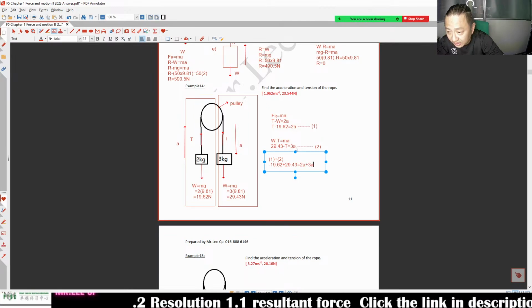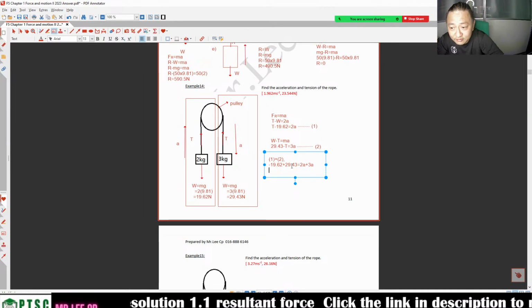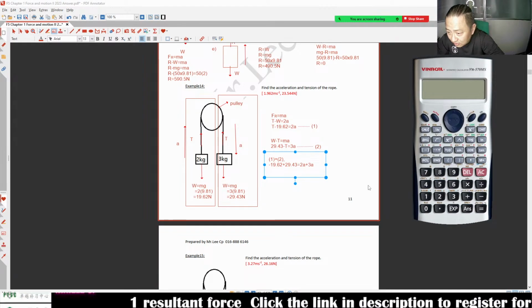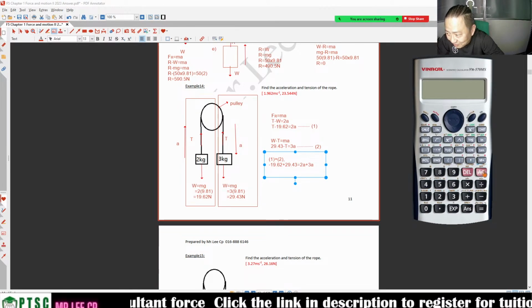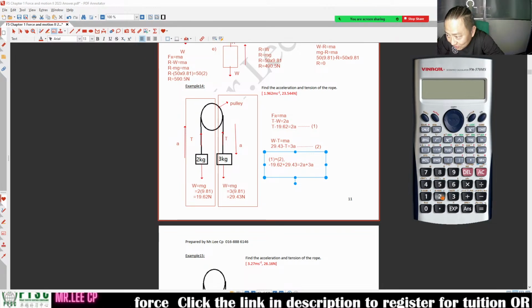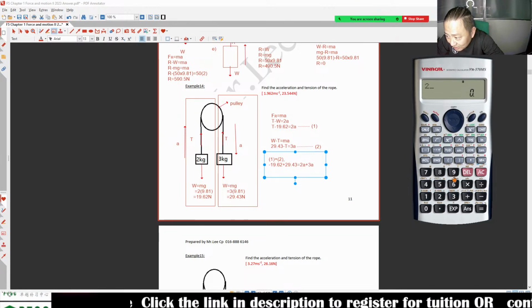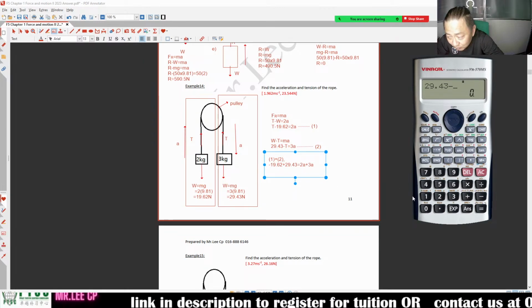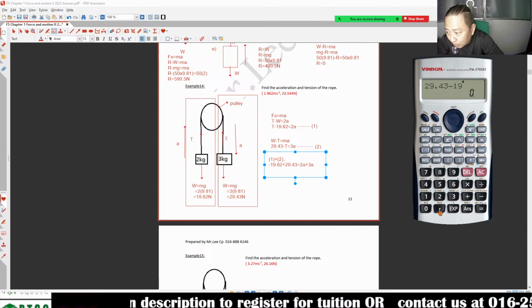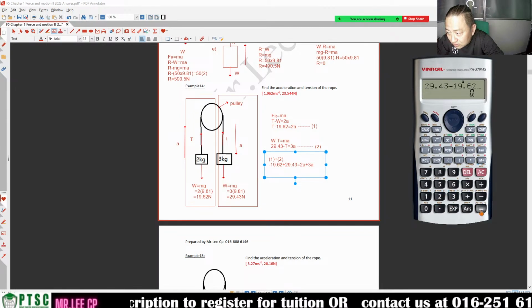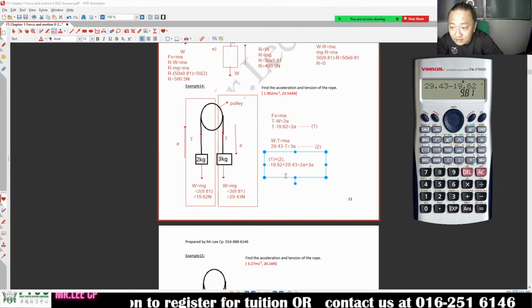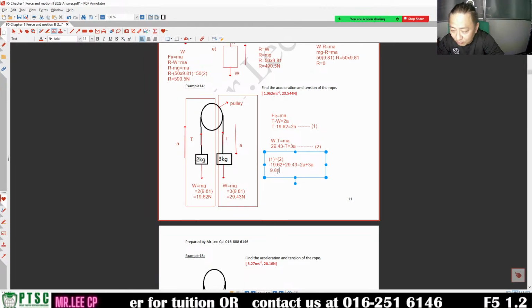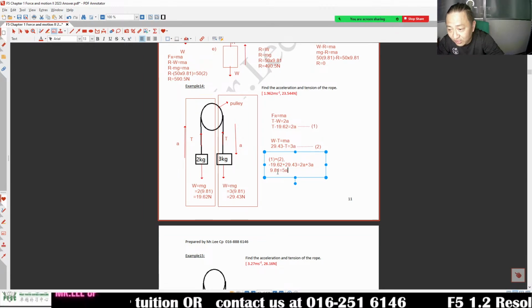So we have 29.43 minus 19.62, which is 9.81. 9.81 is equal to 5A.